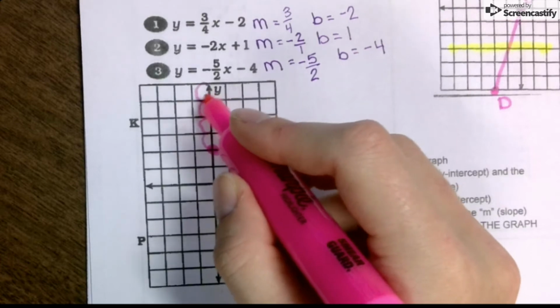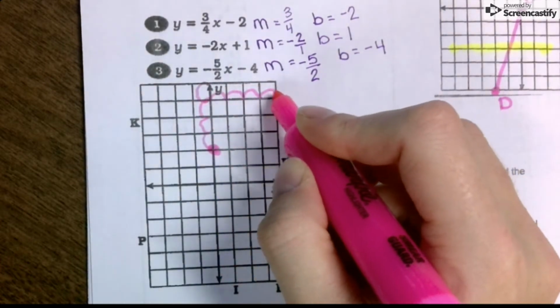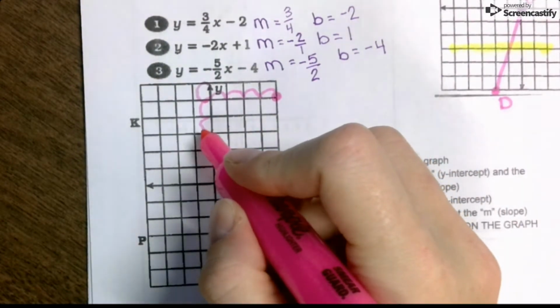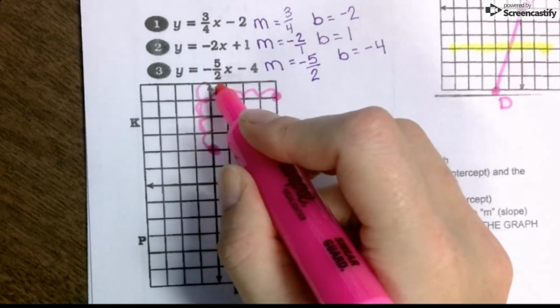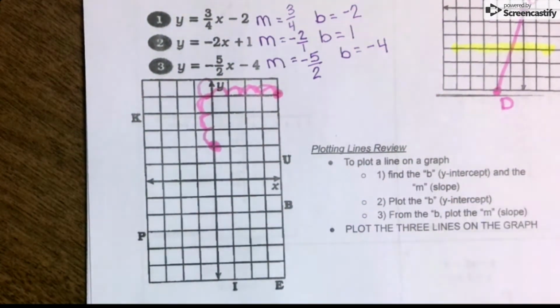Oopsies, that should only be 3. And right 1, 2, 3, and 4. Okay? I went up 1, 2, 3, and I went right 1, 2, 3, and 4. So that is my point. Okay? So those are our 2 points.